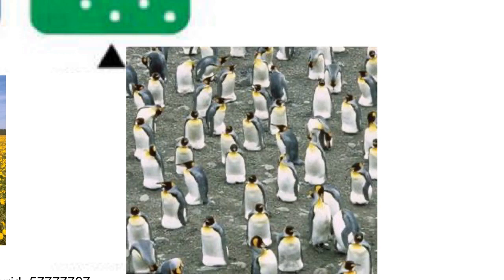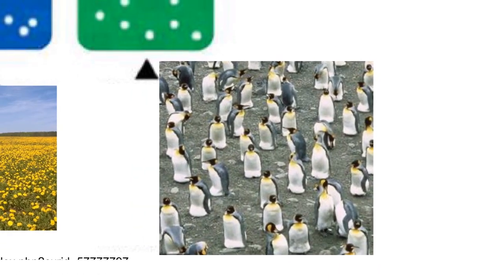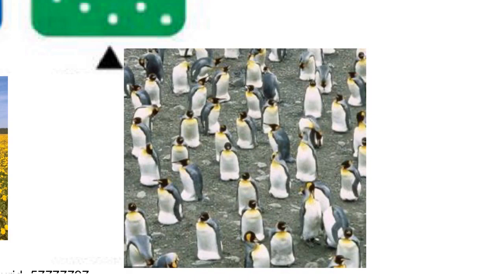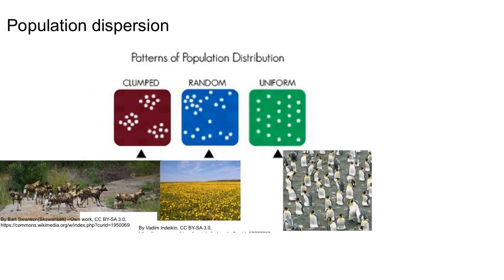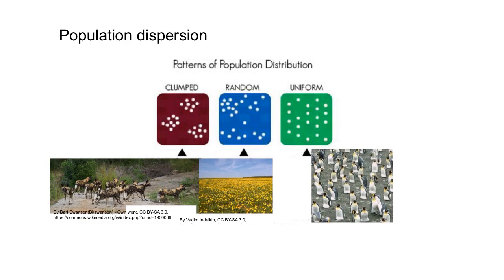So this is when individuals are competing for scarce environmental resources. Maybe an apex predator would be in this uniform dispersion, or something like these penguins when they are trying to hatch eggs. These are the three different ways that we can describe our population dispersion.